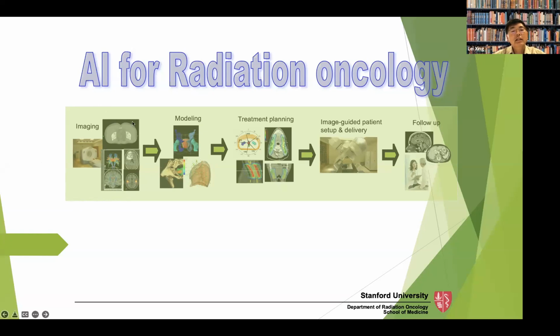So we come up with the imaging, and then for this modeling, you need to do a segmentation. A lot of people work on segmentation, so this is where you can find the application.